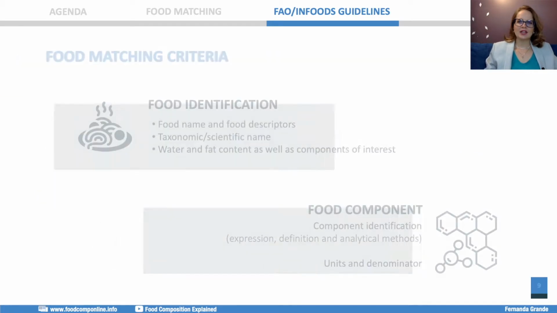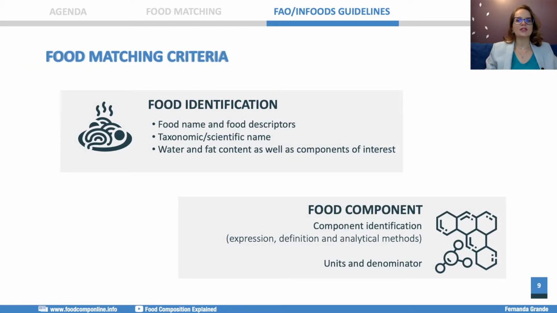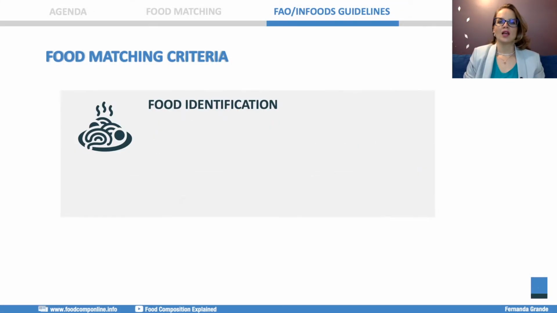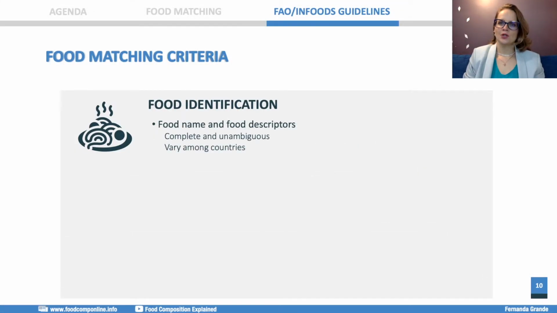And the next section of the guidelines describes the food matching criteria itself. And here it calls our attention that the food matching should consider some key points, not only in the food identification but also in the food components of interest. Let's start discussing the food identification. First, we need to consider the food name and the food descriptors.